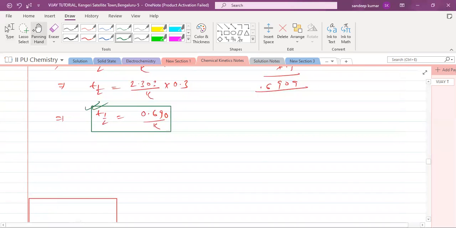So you can draw the graph like this. Whatever concentration you keep, this is the T half.